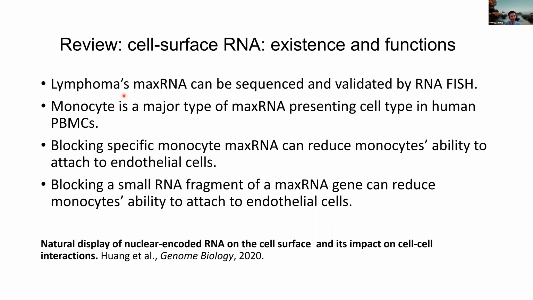And in primary cell population, monocyte is a major type of max RNA presenting cell type in human PBMCs. And blocking specific monocyte max RNA can reduce monocytes' ability to interact with endothelial cells, and extracellular blocking of just a particular fragment of a putative surface RNA can already reduce the monocytes' ability.